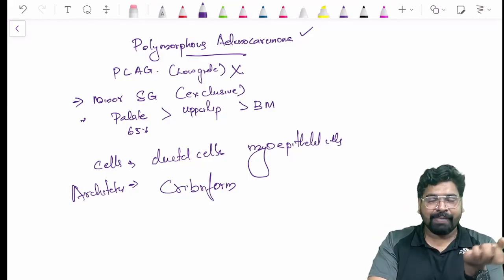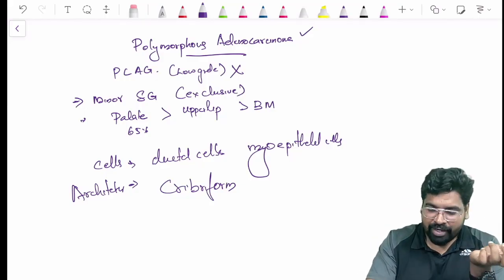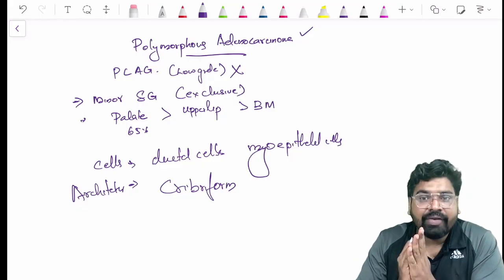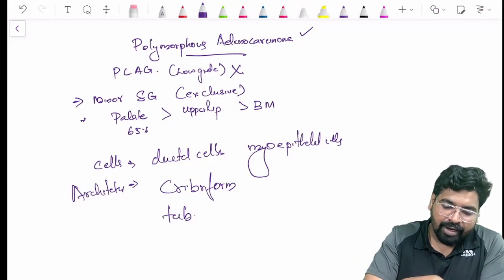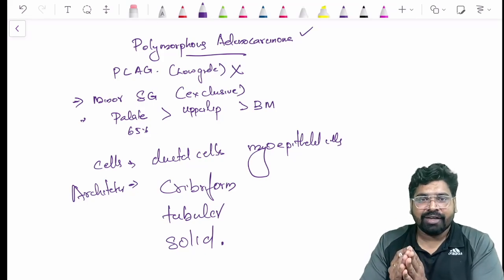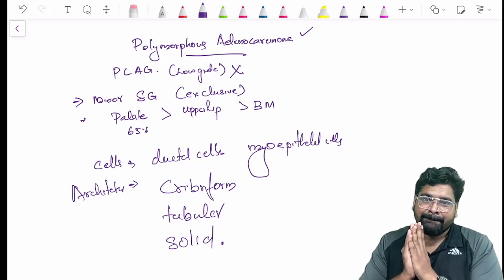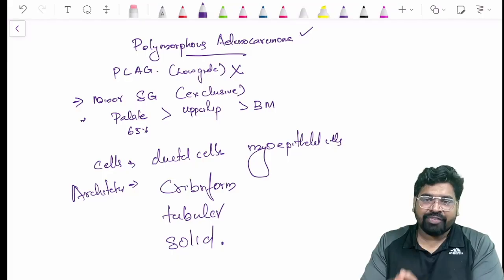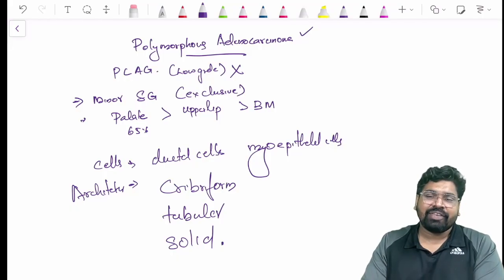Then what other patterns were there in your adenoid cystic carcinoma? Tubular and solid. See, the same architectural patterns of adenoid cystic carcinoma are shown by polymorphous adenocarcinoma.